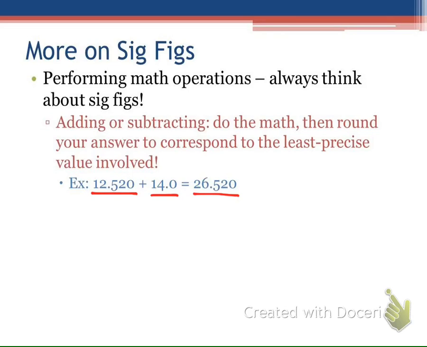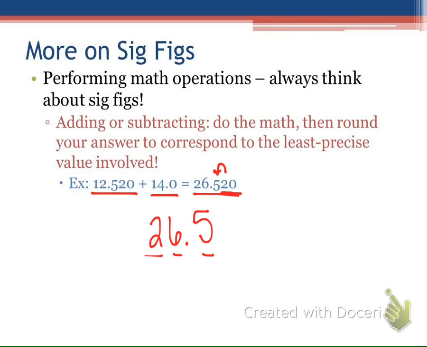No. How many decimal places should our final answer have? 1. It should have 1. So we're looking at 26.5. Does this 2 round our 5 up at all? No. So you have to look at that next value too to see if it would round it up or down. So our answer there should just be 26.5.